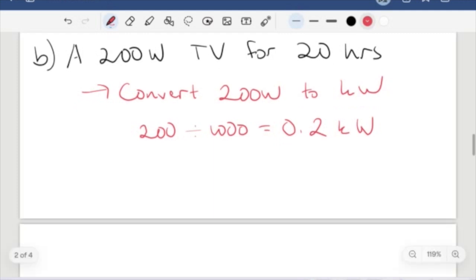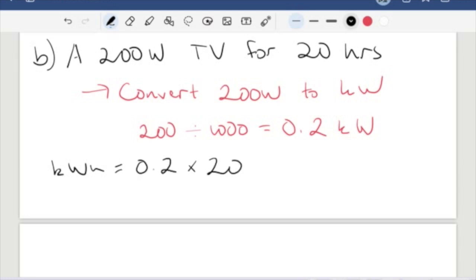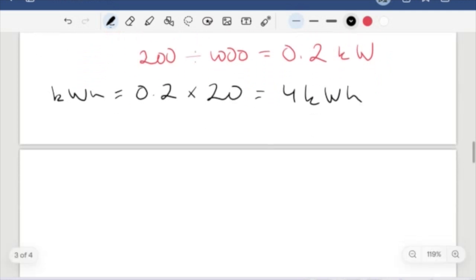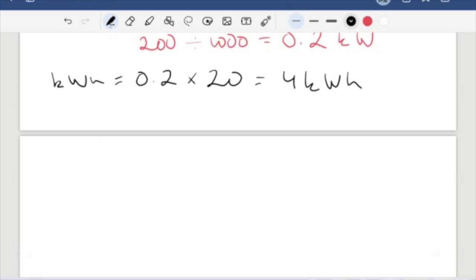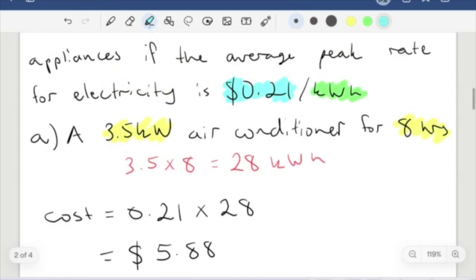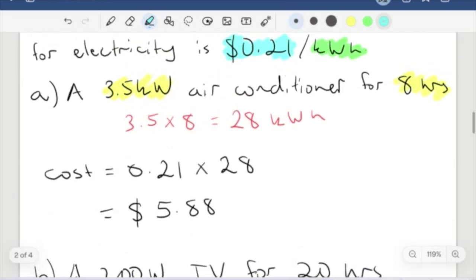Okay, so now that I found this, I want to find my unit of kilowatt hours. So I need to multiply this value by the 20, the hours that I'm given. The kilowatt hours I get from doing 0.2 times 20 is going to give me 4 kilowatt hours. And then the very last step, I find my cost by multiplying this by the 0.21 established earlier in my question.